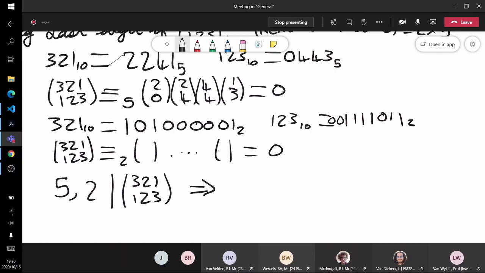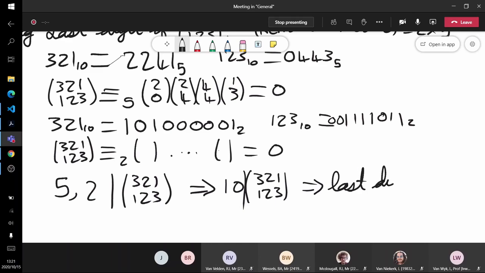And because 5 and 2 are relatively prime, 10 is a factor of 321 choose 123. So the last digit is a 0. Cool.